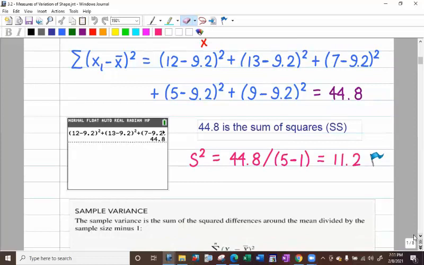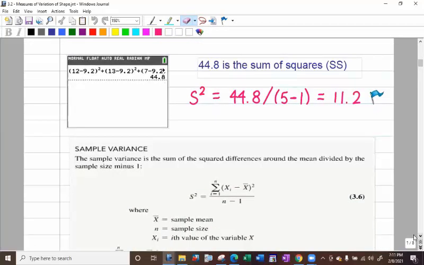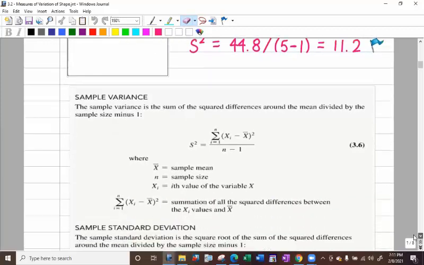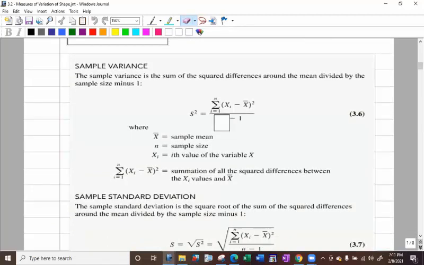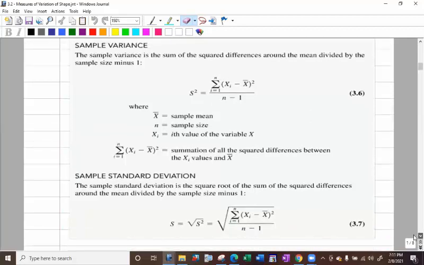On an exam, it'll be easy because you'll be looking at the answer choices, so you'll know how it's rounded. But we have to watch MyMathLab and make sure we do what it tells us. So that's just showing the sample variance formula.